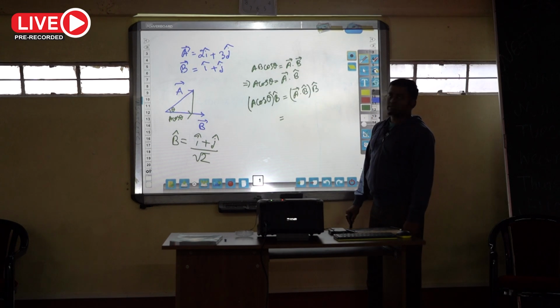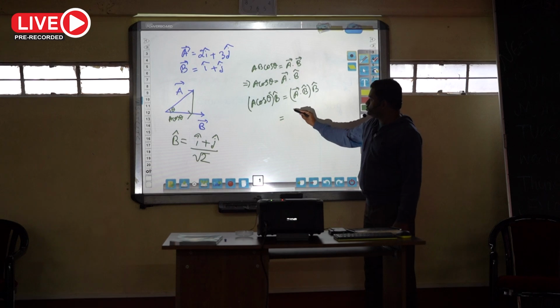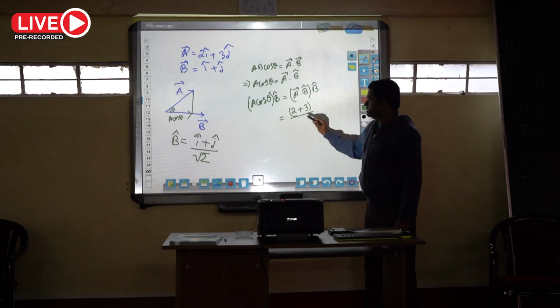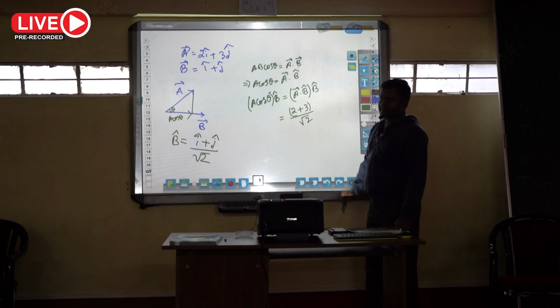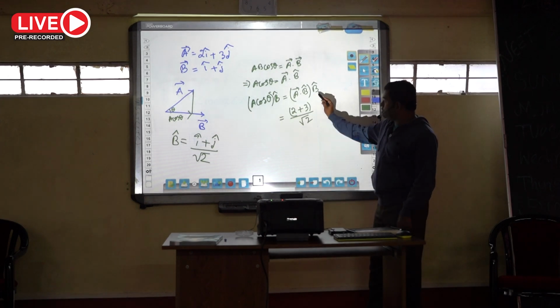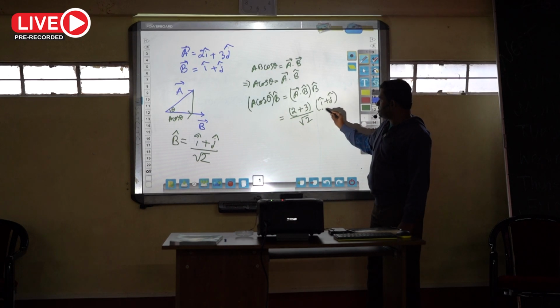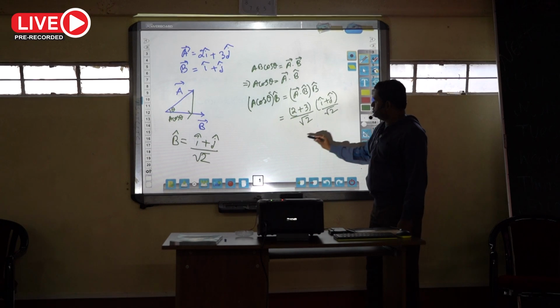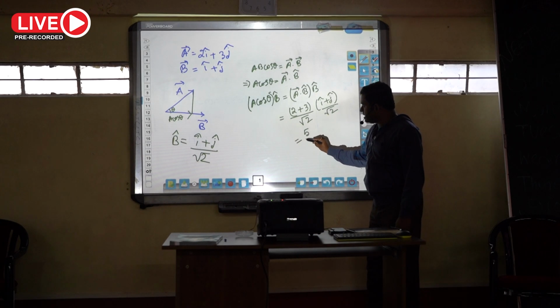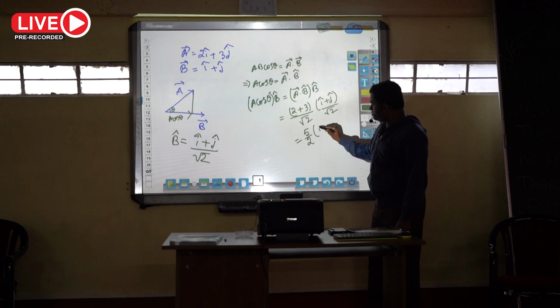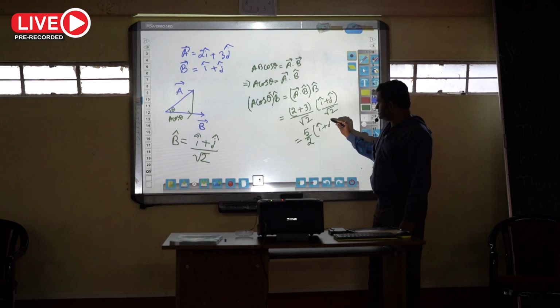A dot B cap will be 2 plus 3 divided by root 2. Then multiply by one more B cap, that is i cap plus j cap by root 2. So your answer will be 5 by 2 into i cap plus j cap.